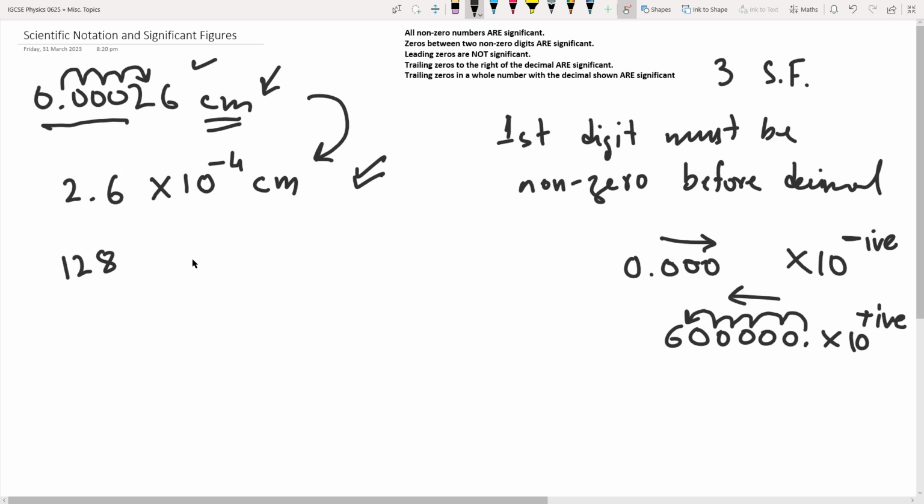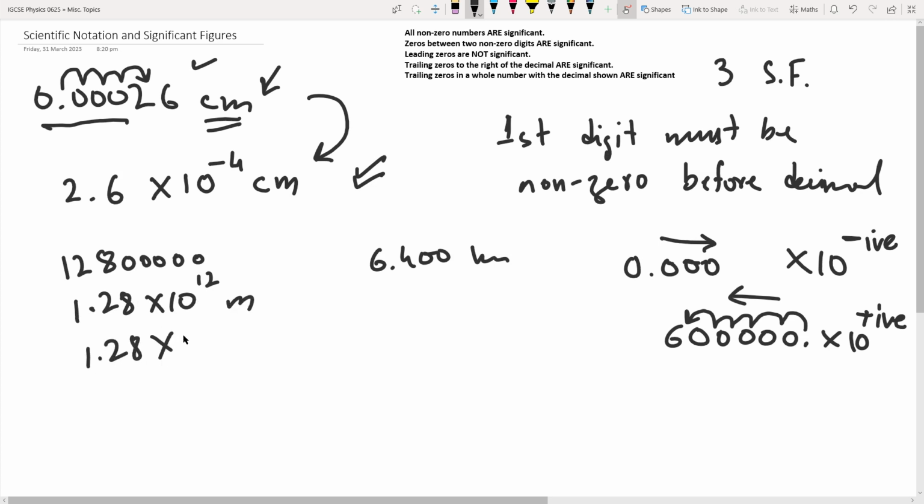Actually the radius is 6400 kilometers, so that is going to be 1, 2, 3, 4, and 5. That's a lot of zeros. I don't want to write that, so I'm just going to write 1.2 into 10 raised to power 12 meters, or 1.28 into 10 raised to power 9 kilometers.